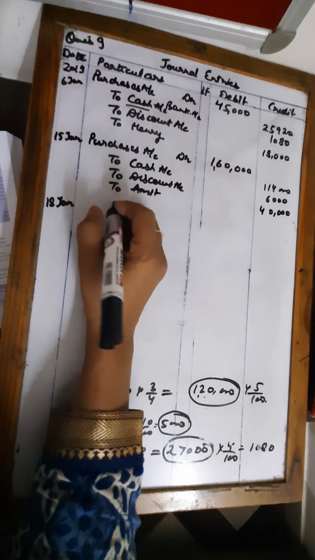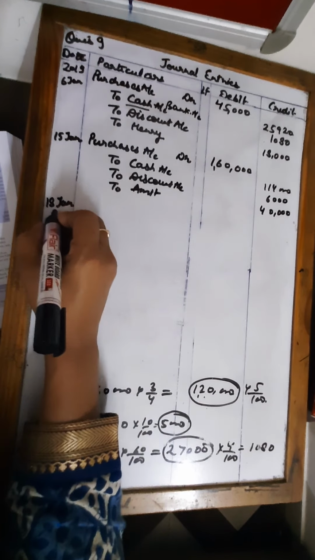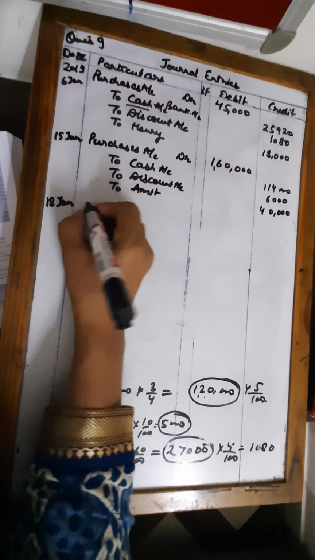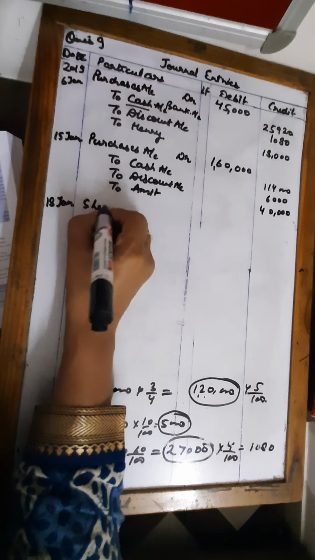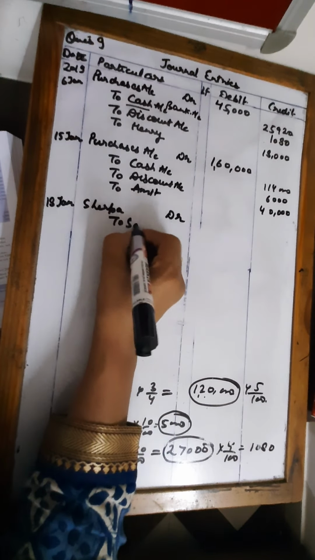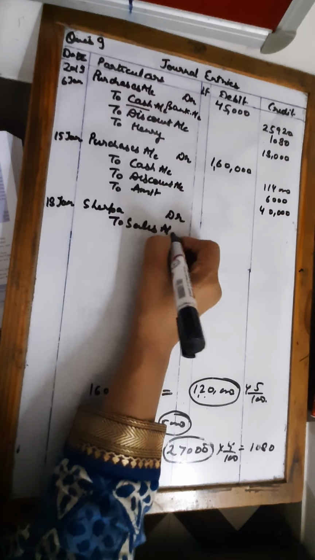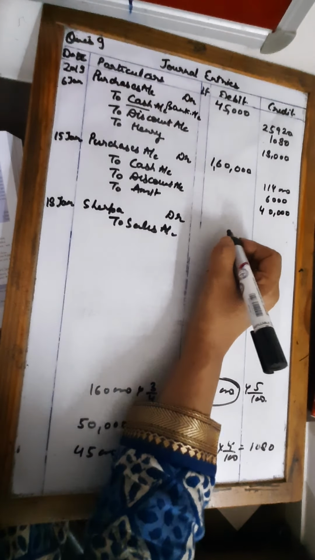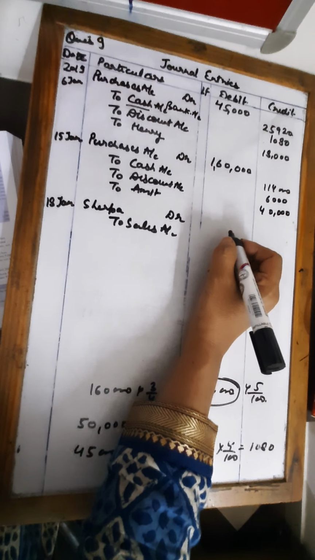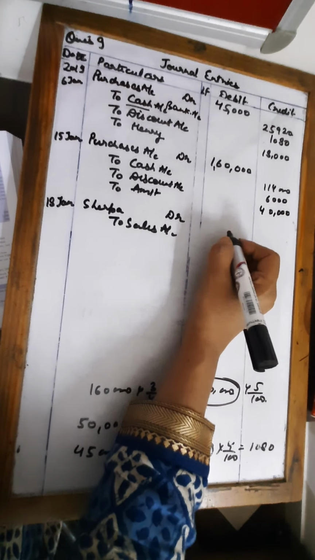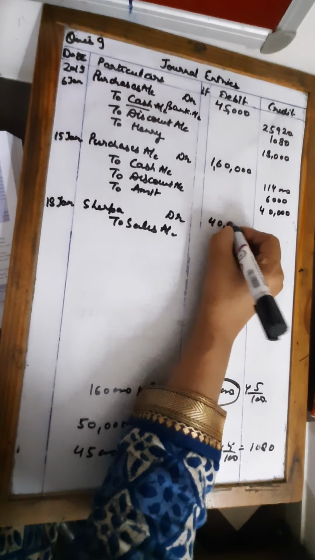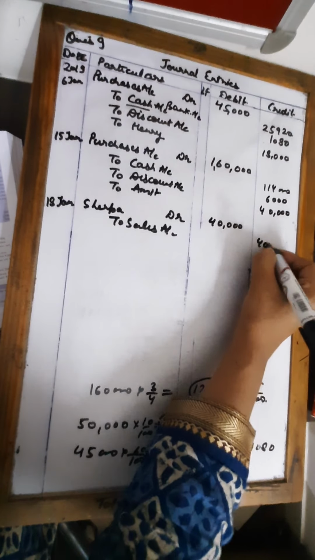So here first we pass the entry which is related to 18th January, that is only for sale. Shirpa debit to sales account, after deducting 20%. 50,000 into 20 upon 100 is 10,000. So 50,000 minus 10,000, 40,000 is your credit sale.